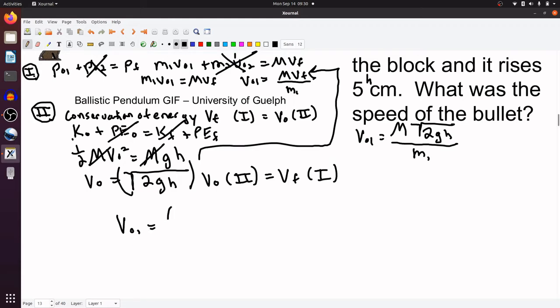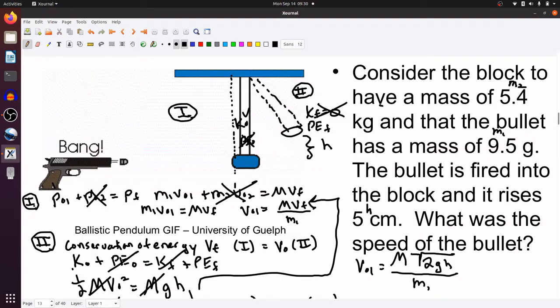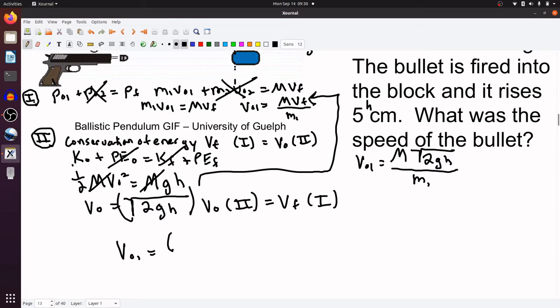Alright, here we go. Big M. So there is 5.4 and 9.5 grams, so I gotta be careful with that. So it's gonna be 5.4 plus 0.0095. Oopsie. I'm gonna put kilograms on the outside here because I didn't put it for each of the individual units.